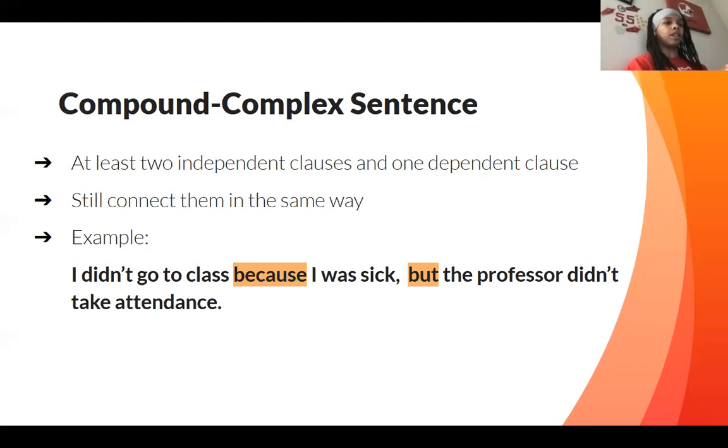The two independent clauses here would be, I didn't go to class, that could be a sentence, and I was sick could also be a sentence, but they're connected by the conjunction. And then the dependent clause that we have left here, connected by another conjunction, would be, but the professor didn't take attendance.